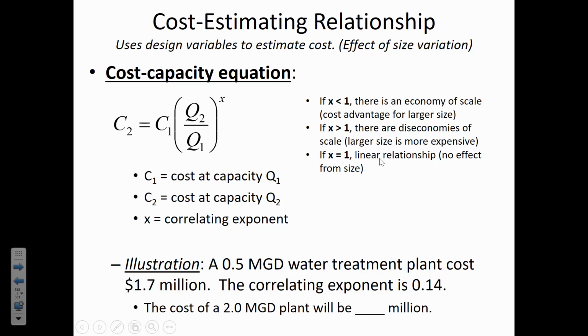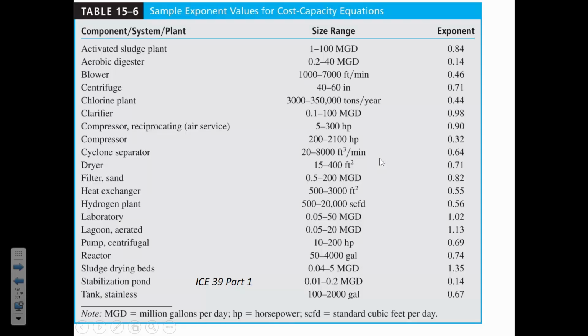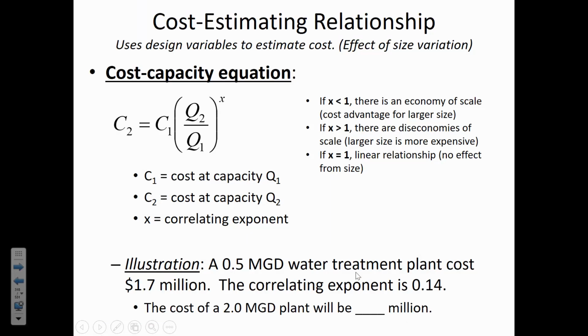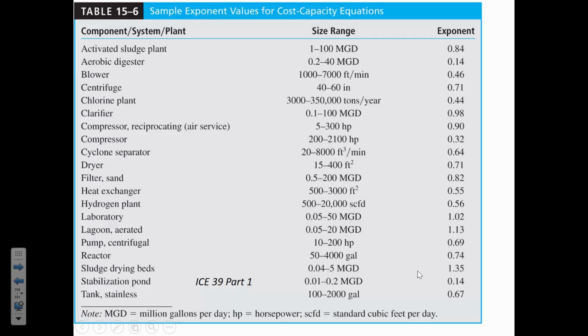Now we can go to tables and find out the correlating exponent. Here we go. So this is just some correlating exponents for a variety of wastewater applications. And so you see, if we are going to do this wastewater treatment plant overall, then I'm using the correlating exponent here for the aerobic digester, 0.14.